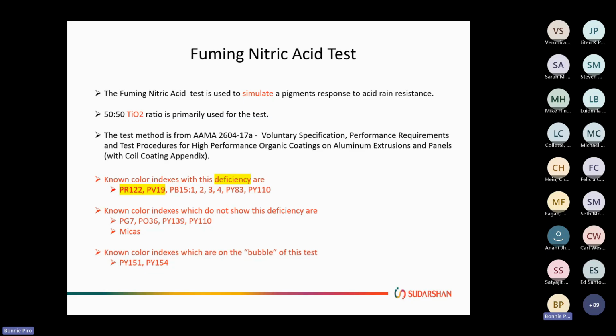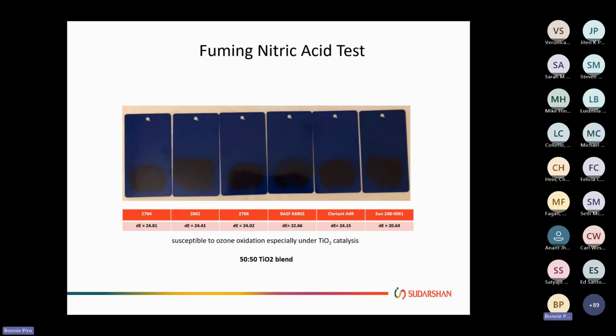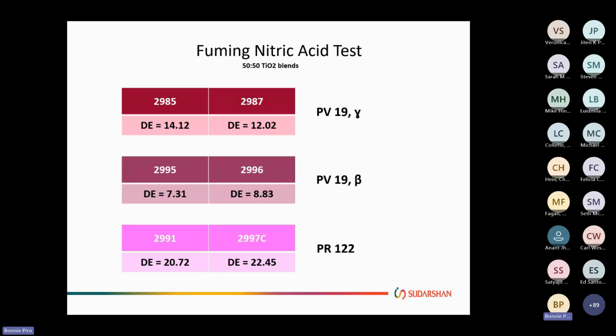To give you a visual, these are Pigment Blue 15-1s, and you can see the color difference in terms of the before and the after effect of the nitric acid in there. So it gives you a visual of the test.